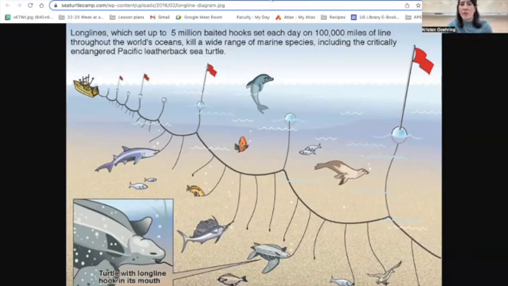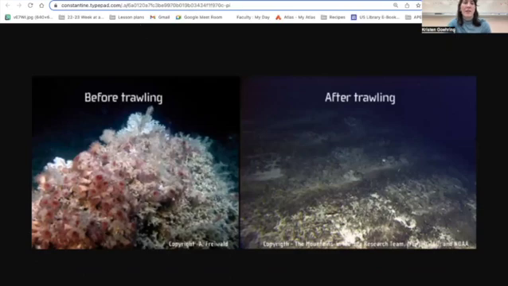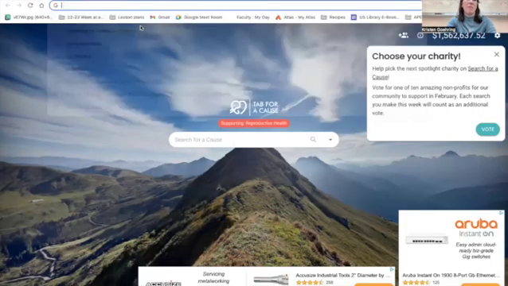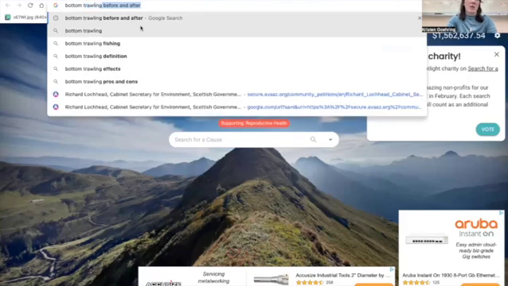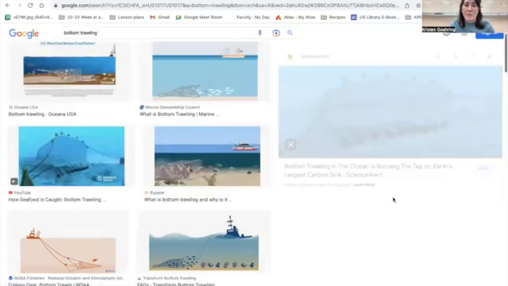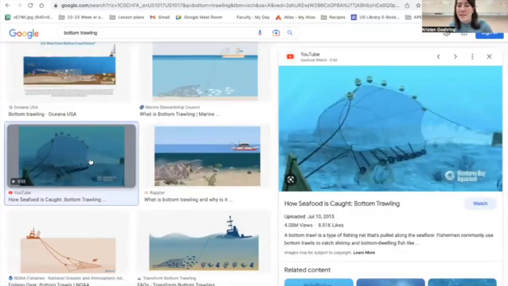One other thing with the trawling, in addition to the bottom damage, bottom trawling is also going to catch a lot of unintended organisms as well. When you have this massive net being dragged behind your boat, you're not necessarily selective with the things that you're catching.